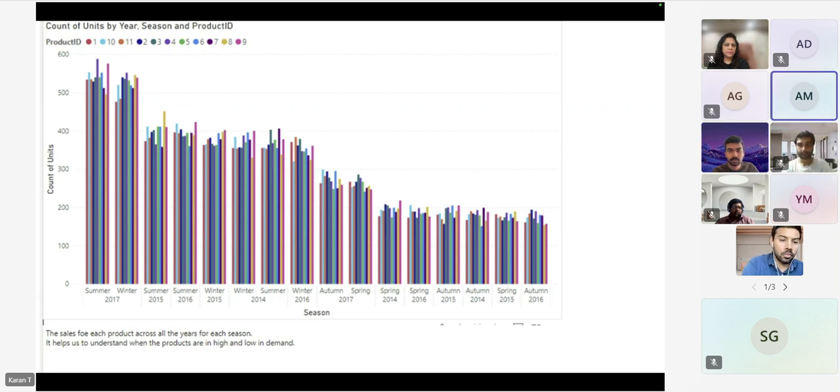Try to create your visuals in such a way that each and every point of information is visible and represented very clearly. I'm not able to understand it, basically.